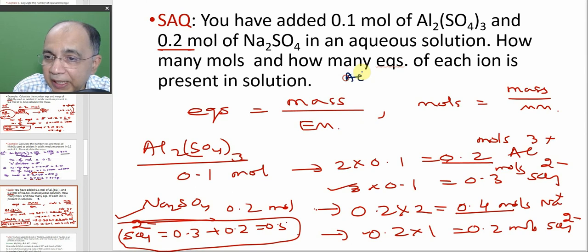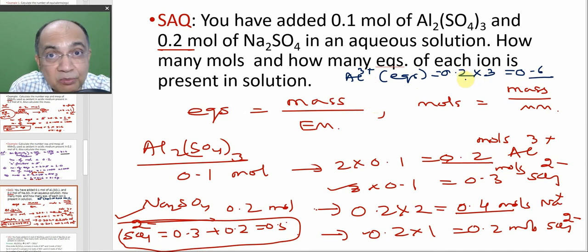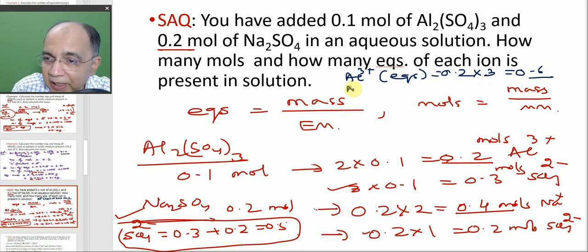For aluminum ion, the number of equivalents is equal to 0.2 times the valency, 3, so 0.6 equivalents of aluminum is present. I told you that the number of equivalents is numerically greater than the number of moles, and the n factor, either for the molecule or for an individual ion, is to be multiplied. 0.6 equivalents of aluminum.